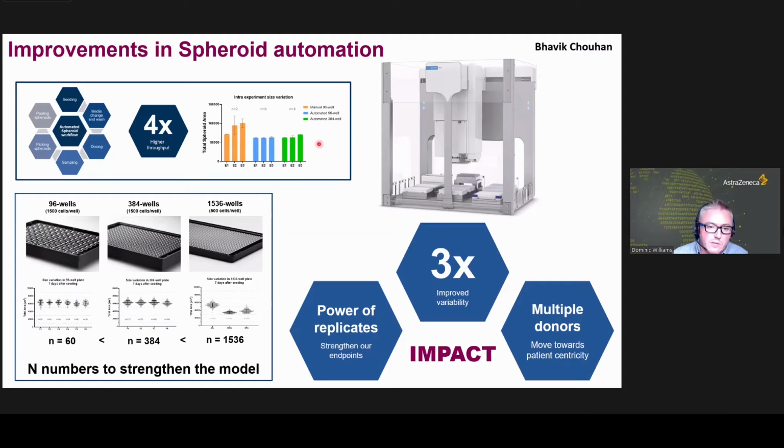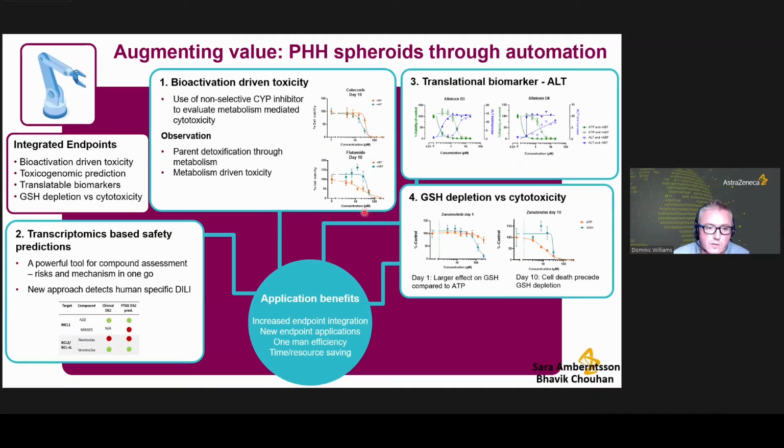And we found it gives us much decreased variation. And so, again, confidence that there's less user variability in there. But we can go to quite phenomenal numbers of spheroids now, depending on what type of experiment we want to conduct.